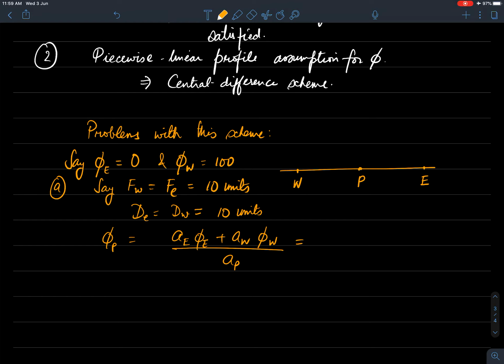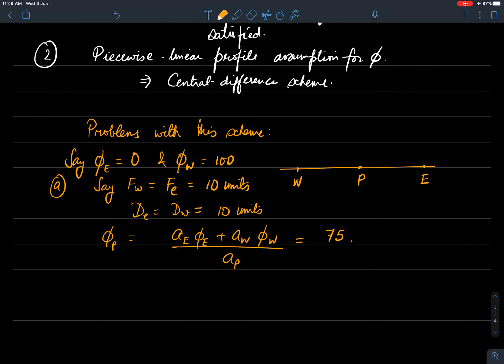If I calculate now, AE was D minus half FE, so that would become 10 minus 5, that becomes 5, and AW becomes 10 plus 5, 15. AP will become AE plus AW, so that becomes 20. So if you calculate this, you should get phi P to be 75.